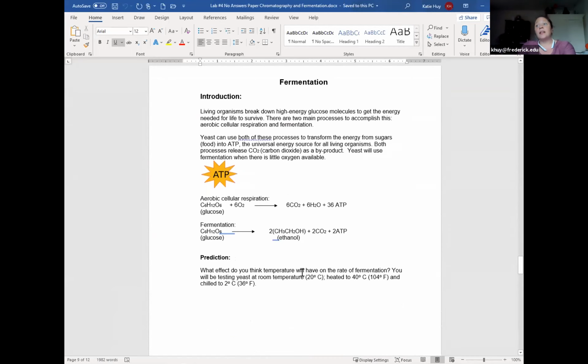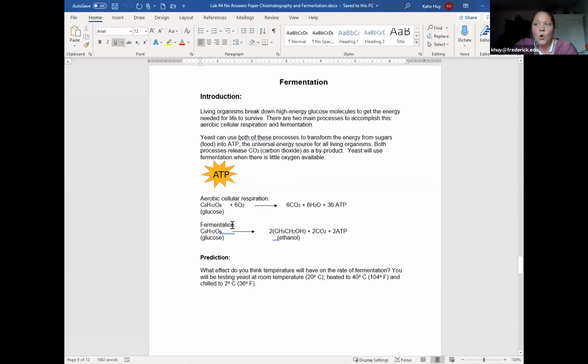Okay, so now we're going to get into part 2 of your lab. And this is when we're talking about fermentation. So here we go with our anaerobic cellular respiration that we were just talking about. Now, the difference here is that aerobic means that we have oxygen. It uses oxygen.